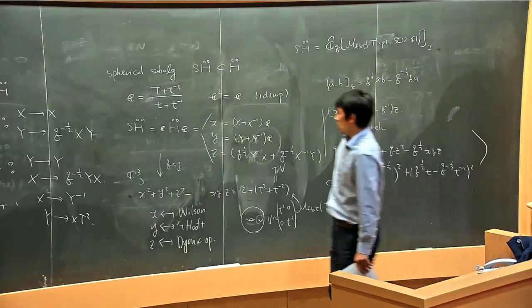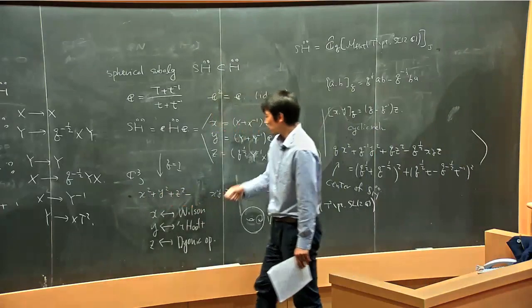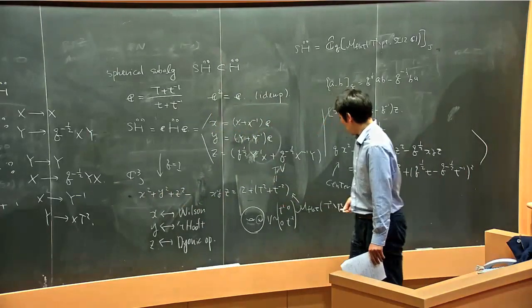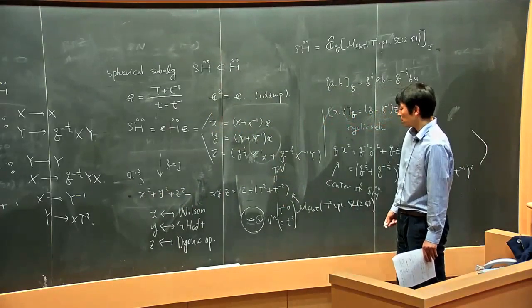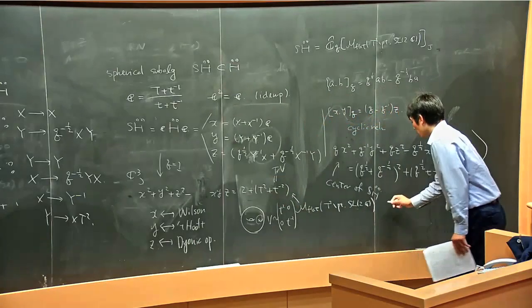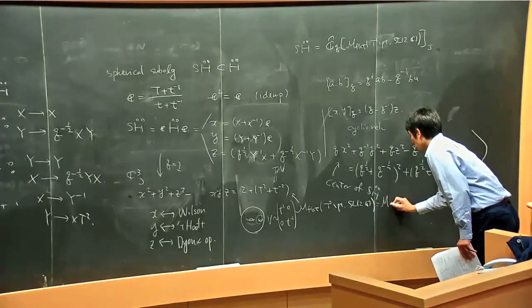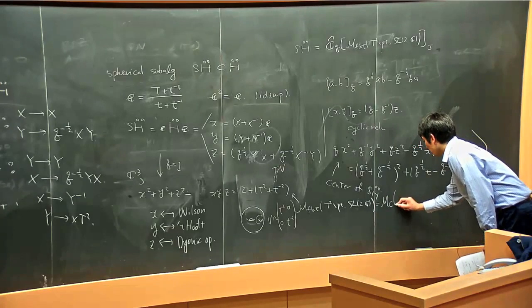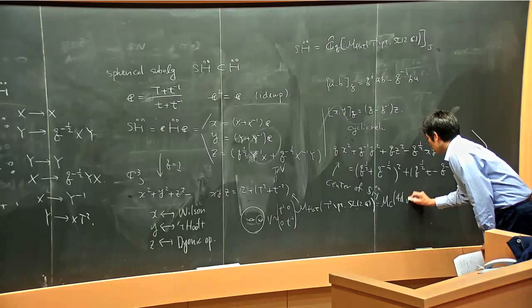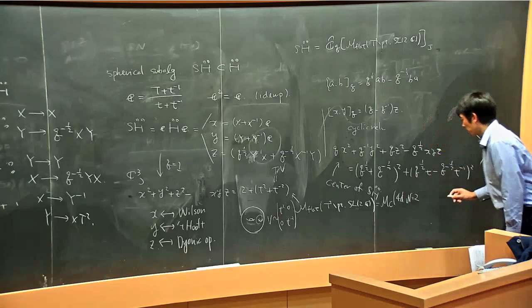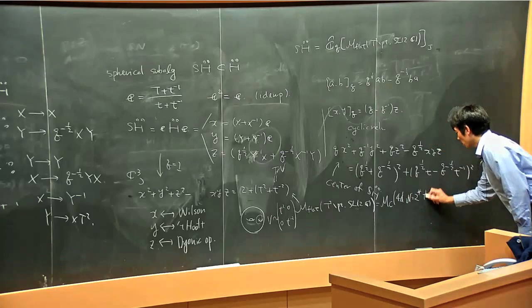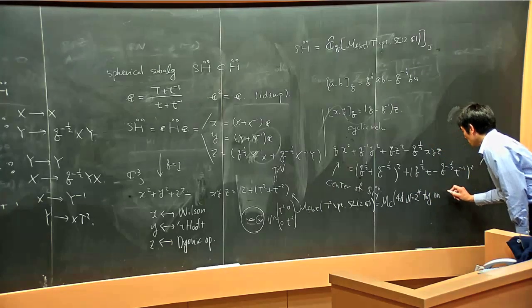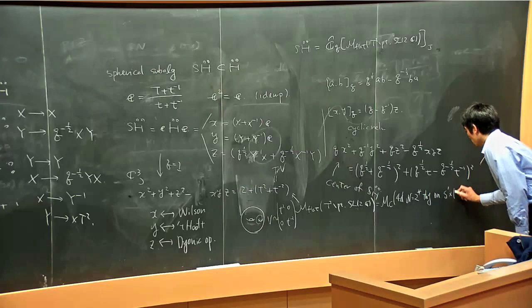So this manifold, which is the moduli space of flat connections, is indeed equal to the moduli space of the Coulomb branch, the moduli space of the 4D N equal to 2 star theory on S1 cross R3.